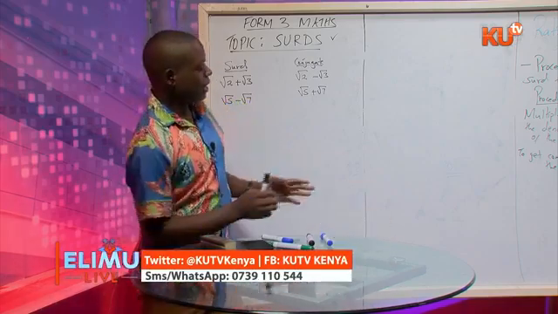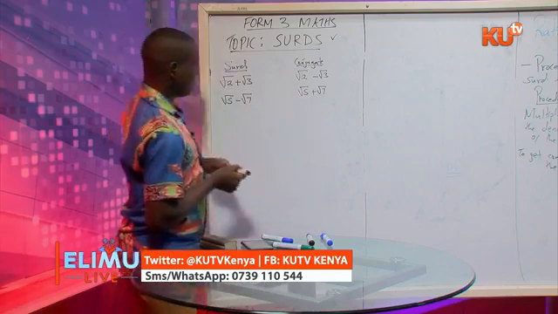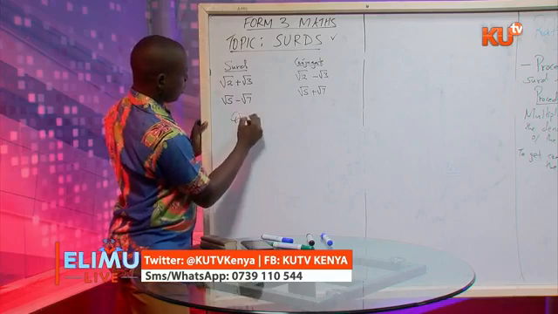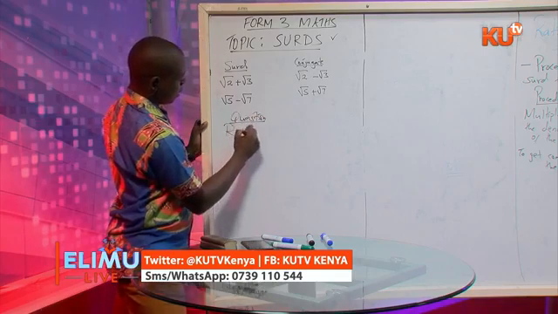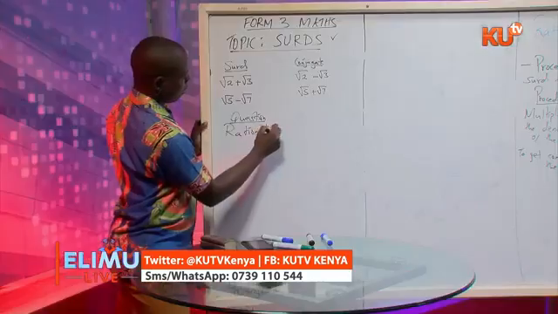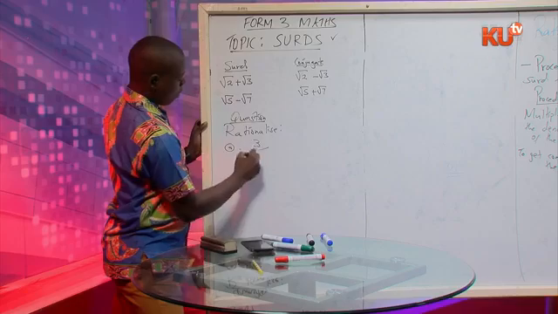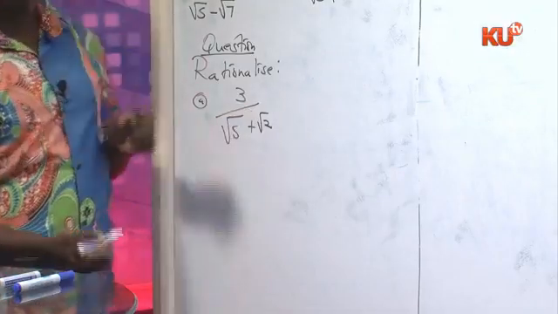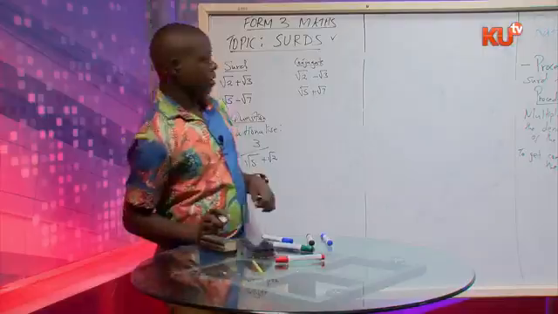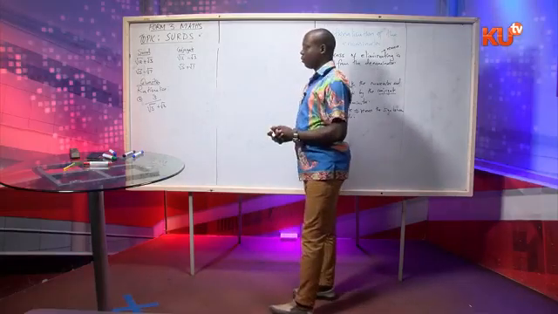So in cases for now rationalization, how will the question be set in this part? You'll be told to rationalize. And then you're given this case, 3 over root 5 plus root 2.